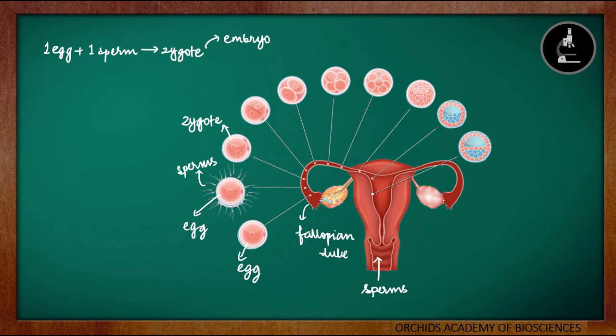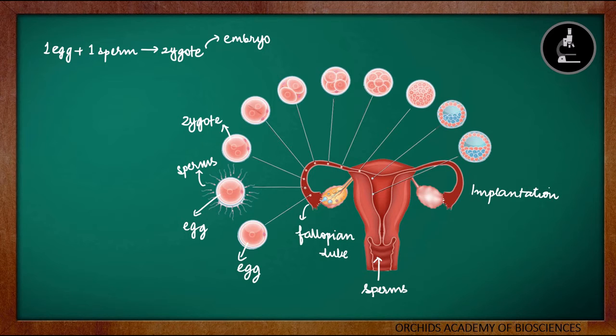Now the developing embryo will finally get attached to the uterine wall, to the inner lining of the uterus. When the embryo gets attached to the inner lining of uterus, this process is called implantation. So implantation is the process of attachment of the developing embryo to the uterine wall.